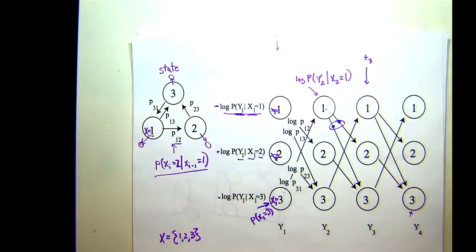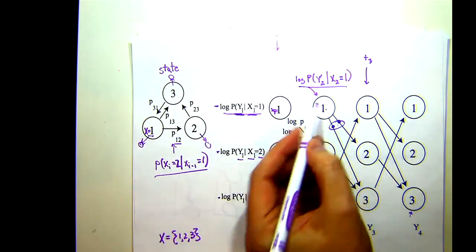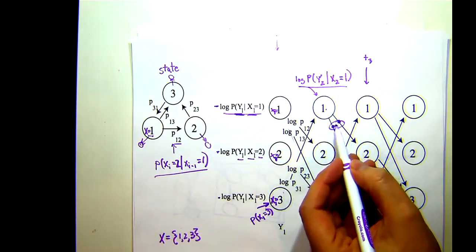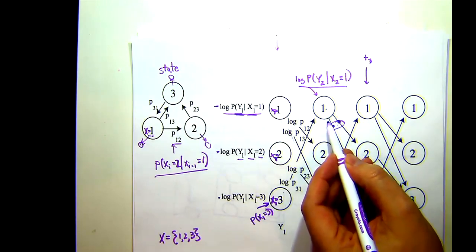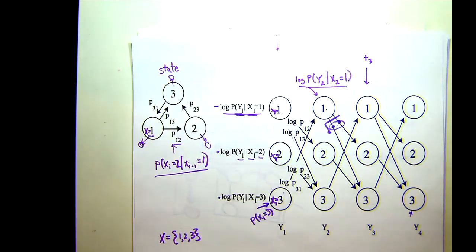That's why we talk about cost to go from a particular node, but we don't consider the cost of that particular node. It's just the way we define it. We don't include the cost of the emission of this node. When we talk about cost to go, we're just talking about the cost of everything leaving that node and beyond.